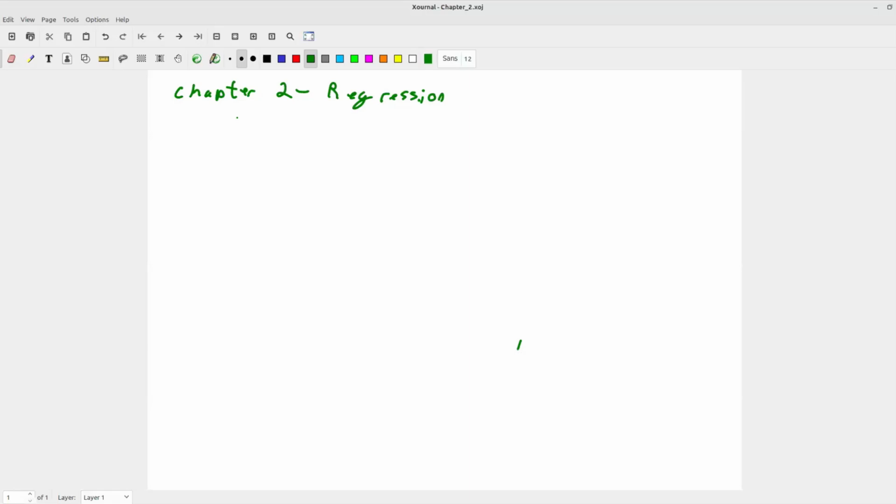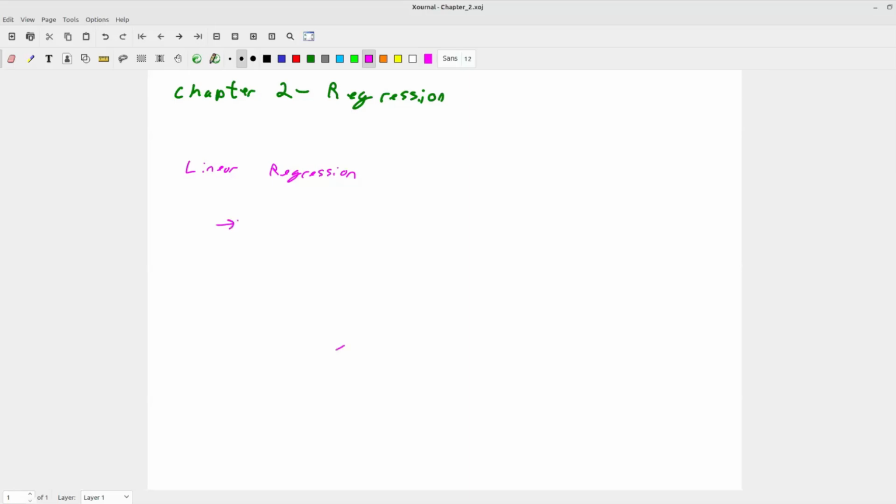We're going to start with everyone's friend, linear regression, and we're going to do it two ways.